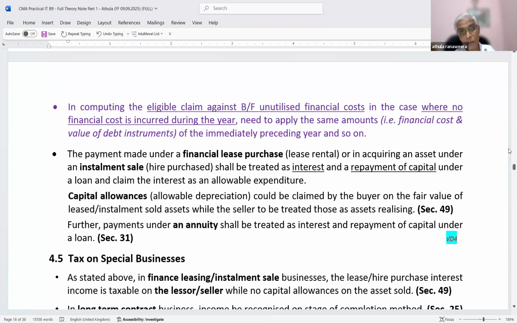But the problem is there's no benefit, because you can't go and allow that under the business category, or any other category; you can't set it off. Very recently, also last week, I finalized a set of accounts like that, the same situation, an investment company.